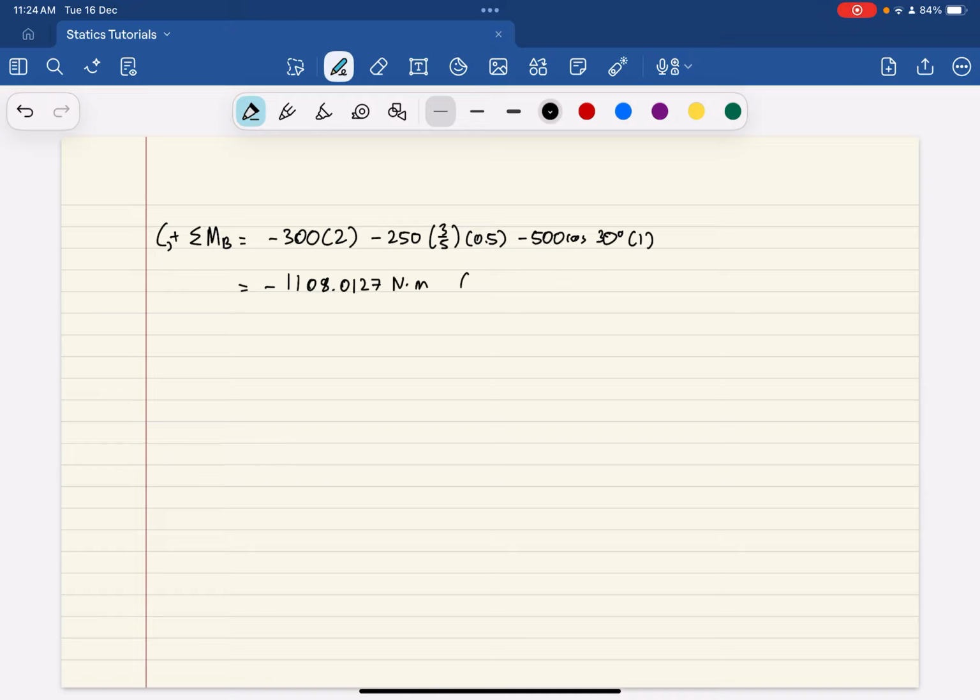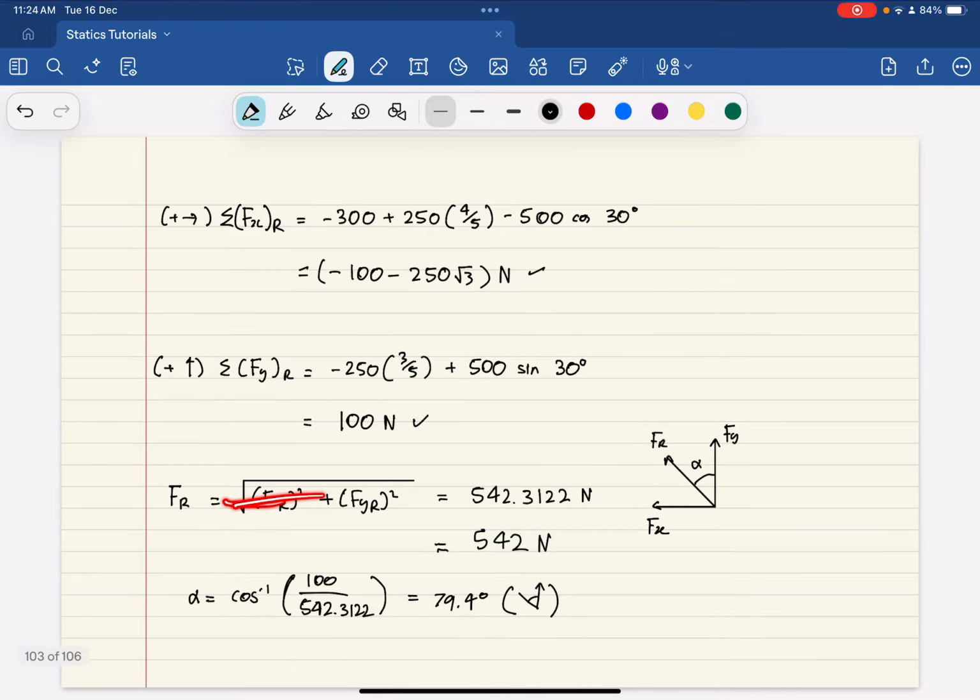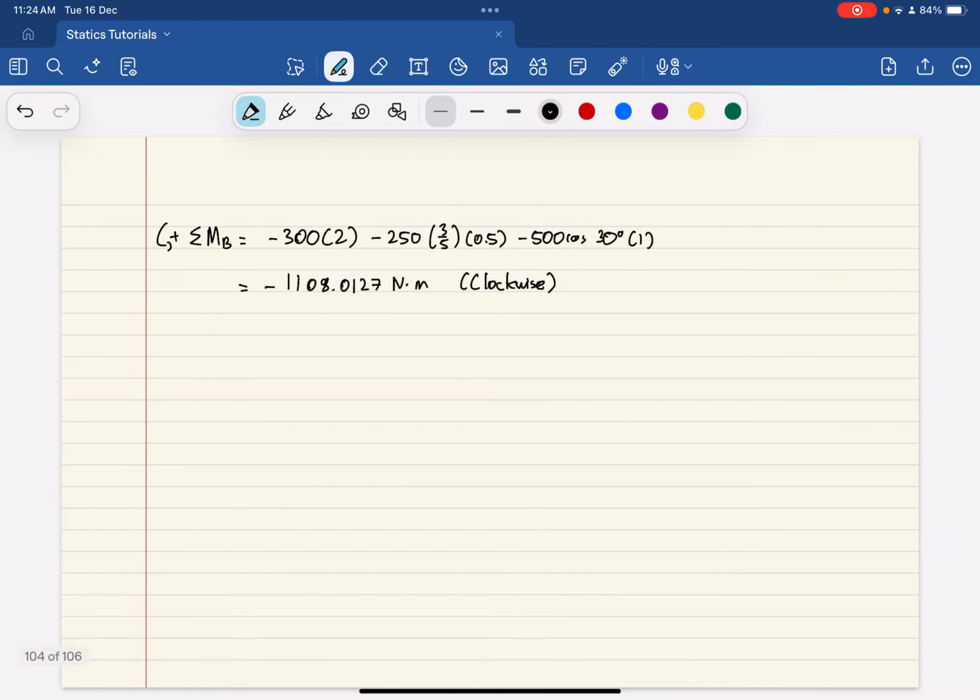This of course refers to the fact that it's going clockwise, so this is the clockwise resultant moment. Now we wanted to find the distance dB. To find it, it is simply MB divided by Fr.